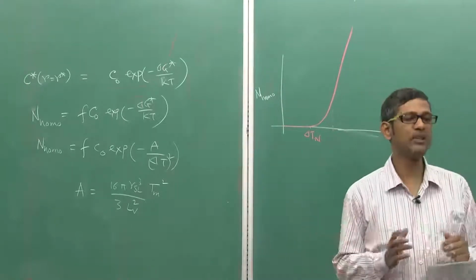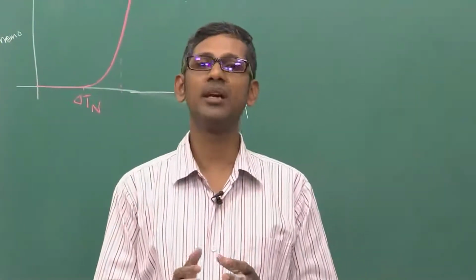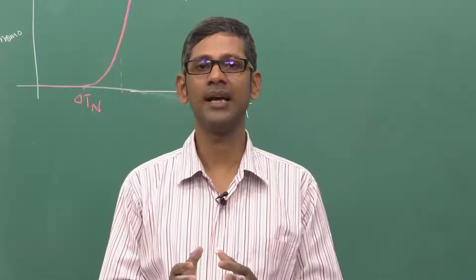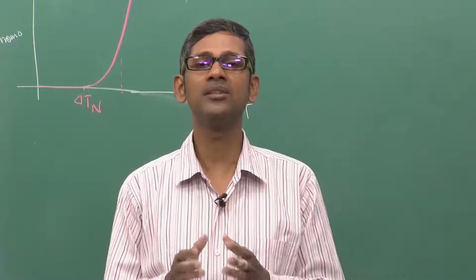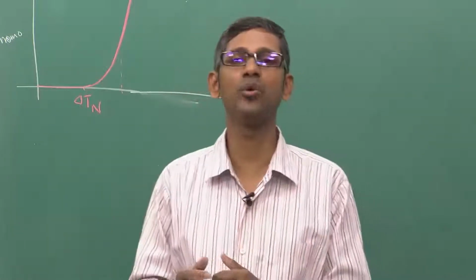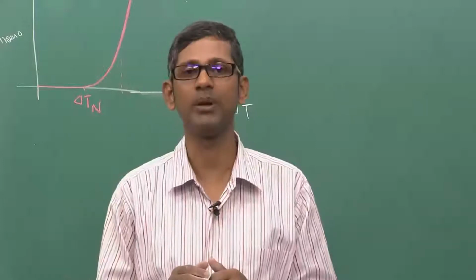Homogeneous nucleation, as I said, is an ideal situation. Ideal situation means it does not actually happen in the real sense, and that is why we eagerly would like to know what happens in heterogeneous nucleation, because that is closer to real problems.